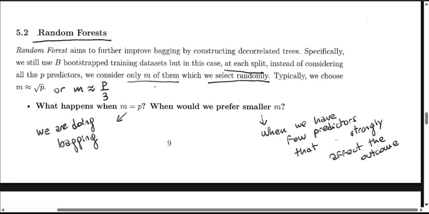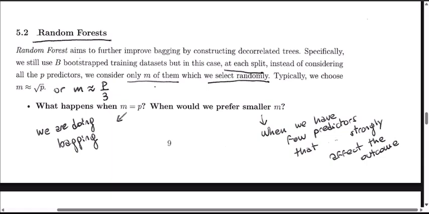Then there's going to be correlation among trees. Some trees may look similar. And when they look too similar, the problem we are trying to address may not be adequately addressed, even though it's still better than the regression tree.